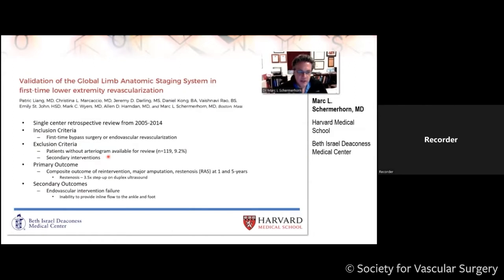We excluded those who had prior procedures or where we couldn't identify the pre-procedure arteriogram. And our primary outcome was a composite of MALE, or reintervention, major amputation, and restenosis at 1 and 5 years. And then we also looked at endovascular technical failure at the time of the initial intervention.